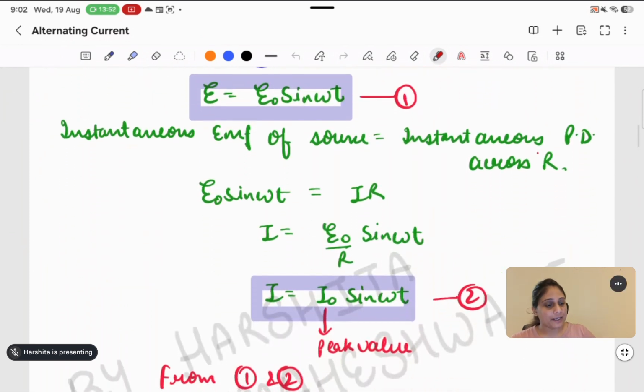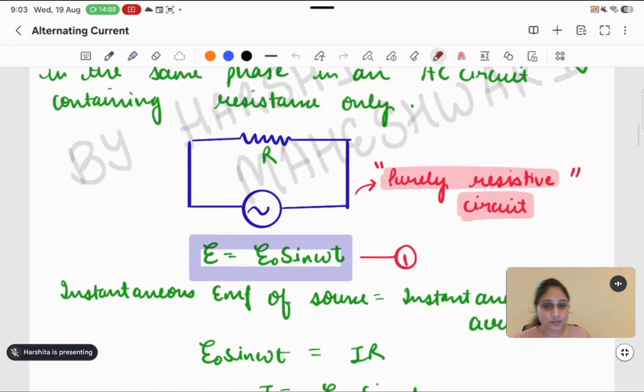Next, the instantaneous EMF of the source is, at a particular instant, whatever potential difference is applied across that resistor. We know that the voltages remain the same when a circuit is in a parallel combination, right? So whatever potential is across the source, the same potential will be across the resistor.